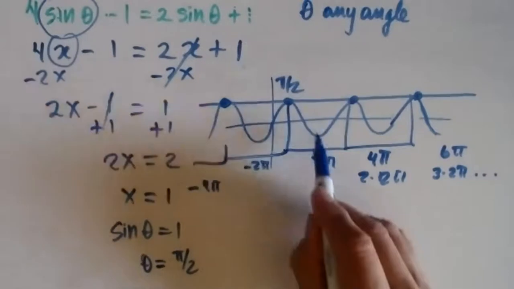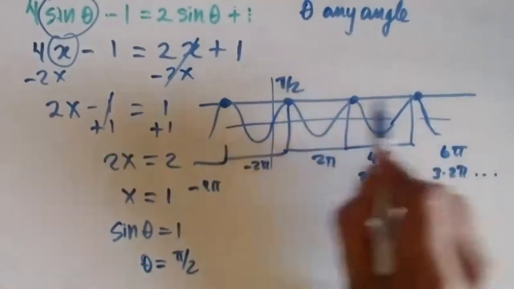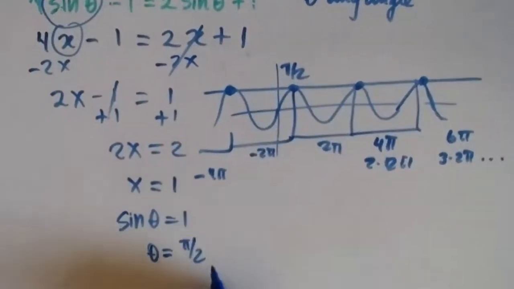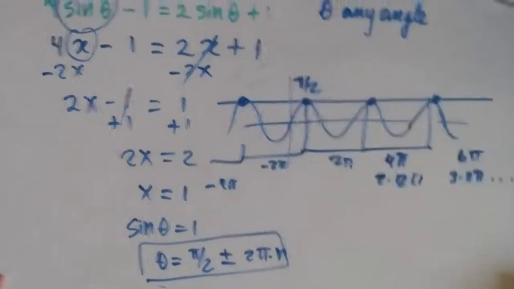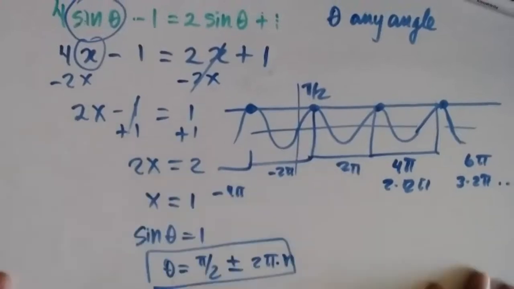Every time the graph crosses the line, that is a solution. So it is plus or minus 2 pi, correct? The entire set of solutions for sine theta equals 1 is pi over 2 plus n times 2 pi, to the right and to the left. Okay? So this is the way we are going to solve this equation.